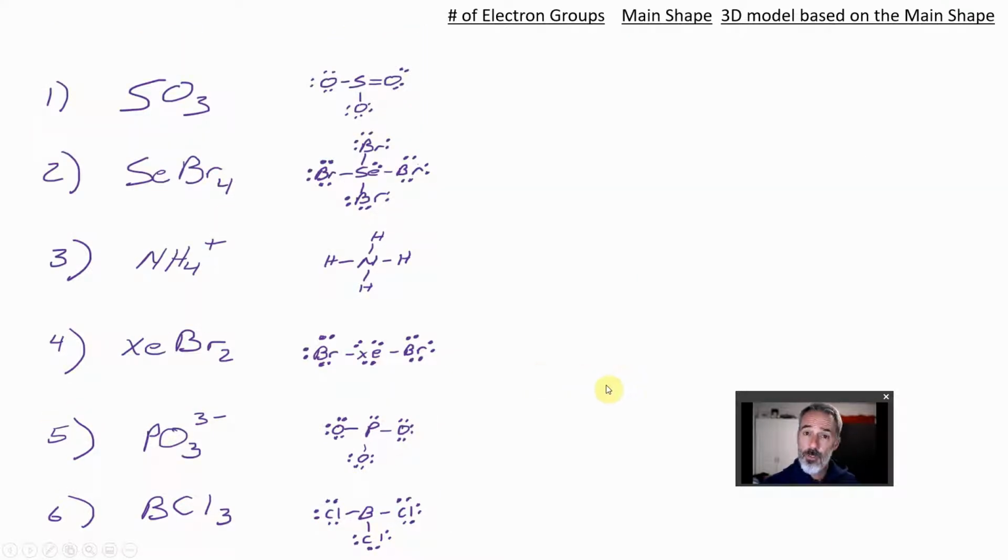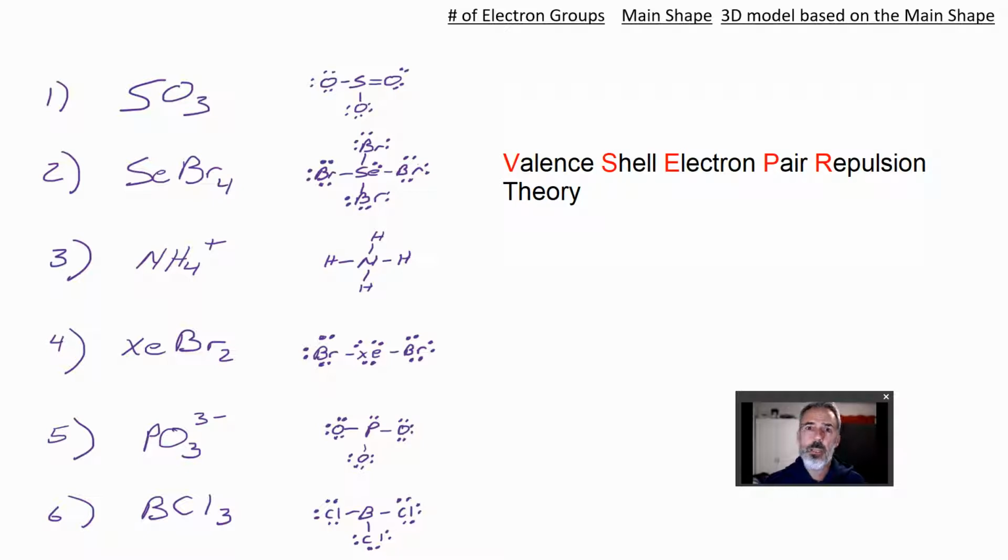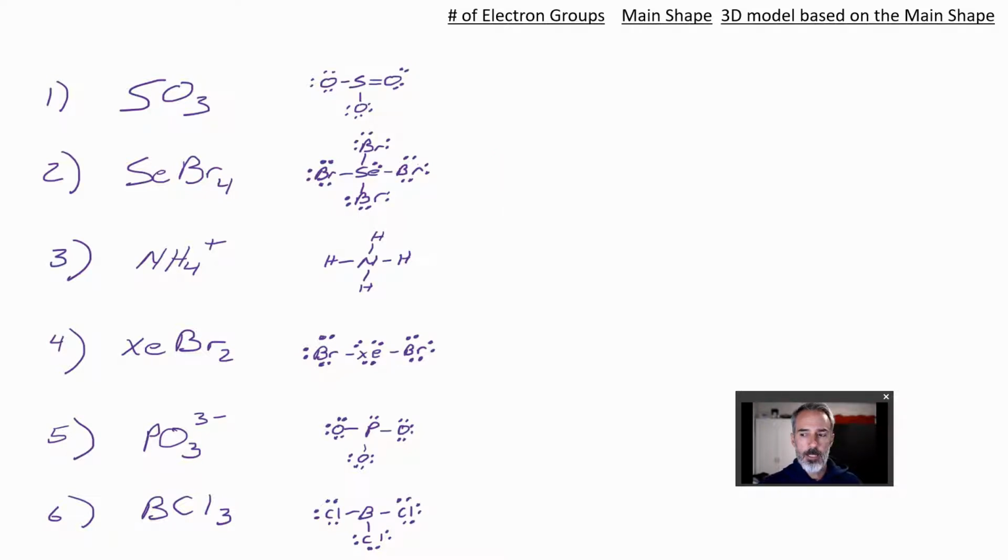Well, there's a process you need to go through. Determine the number of electron groups around the central atom, which will tell you its shape. Because what we're doing here is using a theory called VSEPR theory, which stands for Valence Shell Electron Pair Repulsion theory. In other words, the idea is that electrons repel each other, so they'll push back.